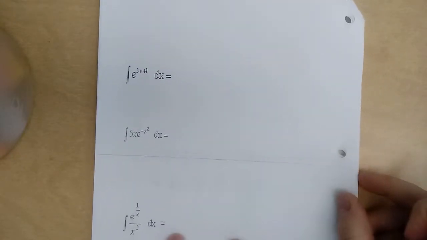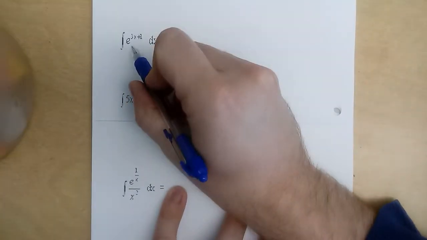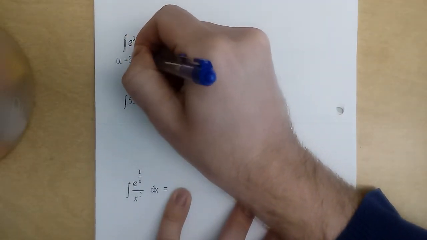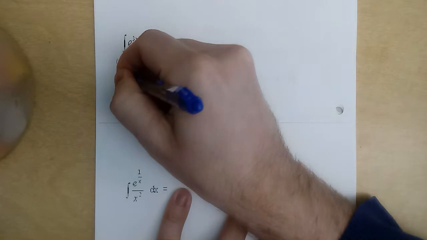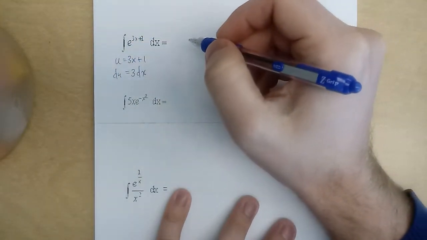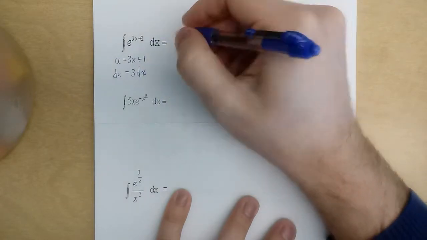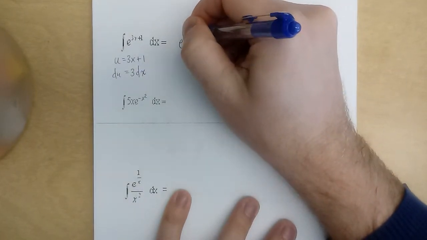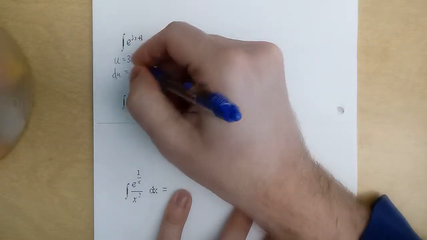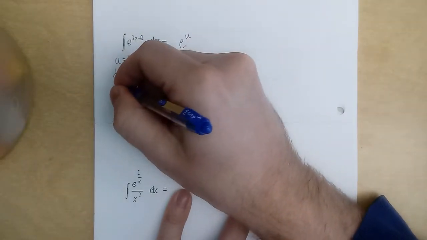So for example, this one, e to the 3x plus 1. If I set u equal to that exponent, then my du is going to be 3dx. If I substitute, I'll get e to the u, but this doesn't match the leftovers, so I'll need to divide both sides by 3.